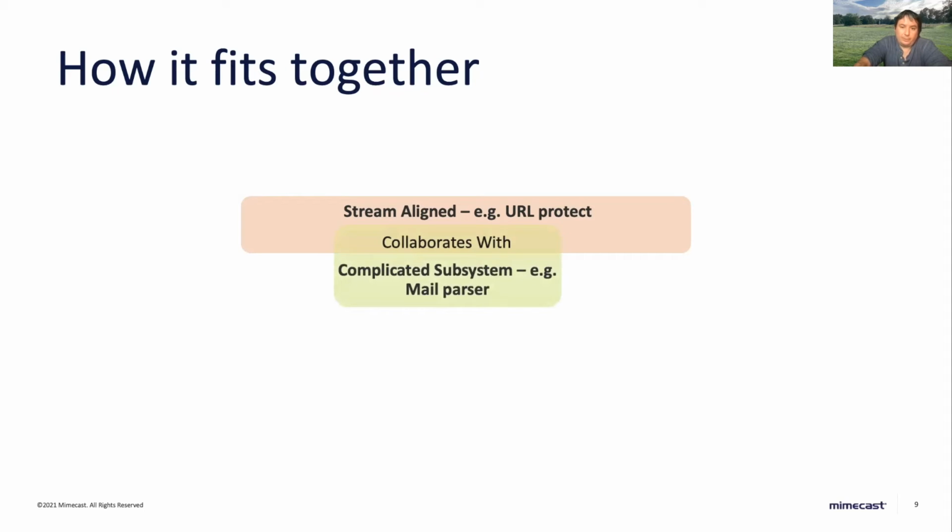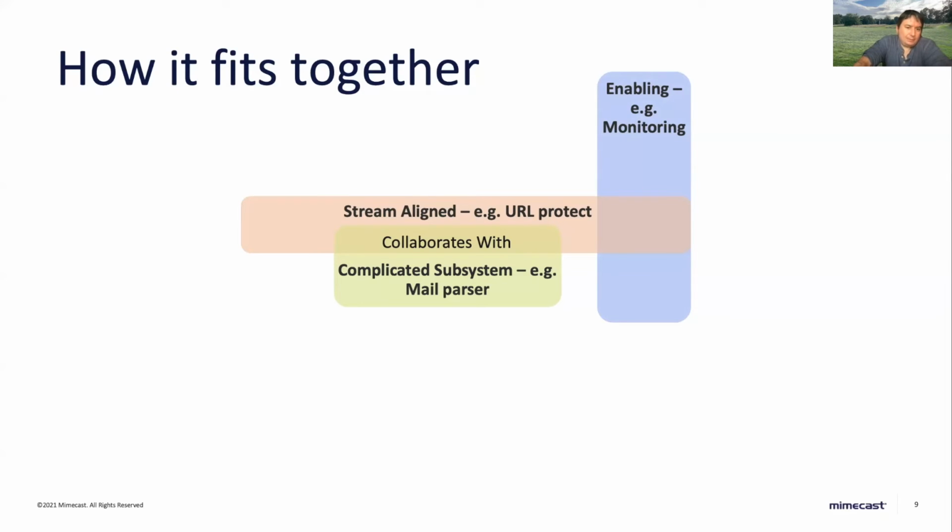You would have experts who have in-depth knowledge about the relevant RFCs and the security concerns who would have this kind of knowledge. They then are the complicated subsystem team. They are providing a software component that helps with the email parsing to the other team. And the stream-aligned team may need help from someone to improve their monitoring systems and help set up an on-call rota for them. That would be an enabling engagement.